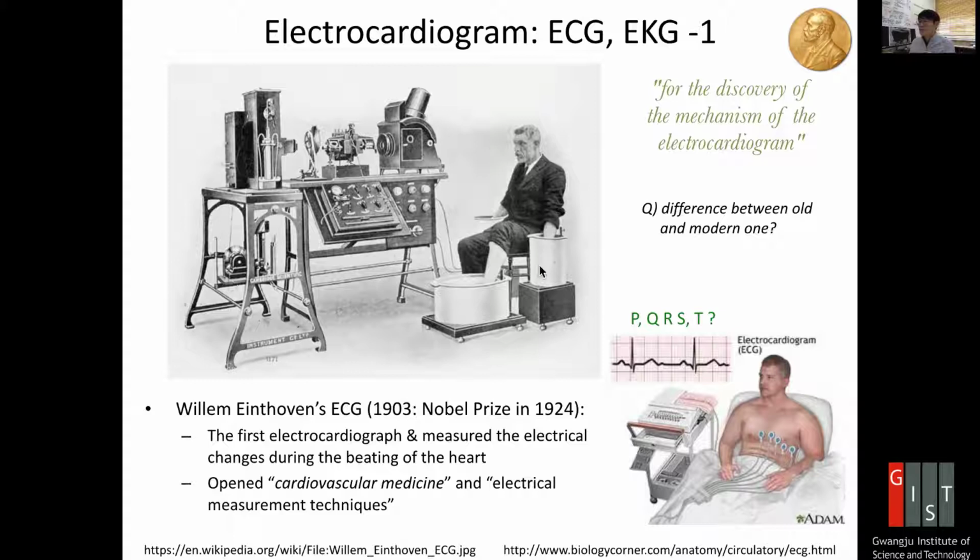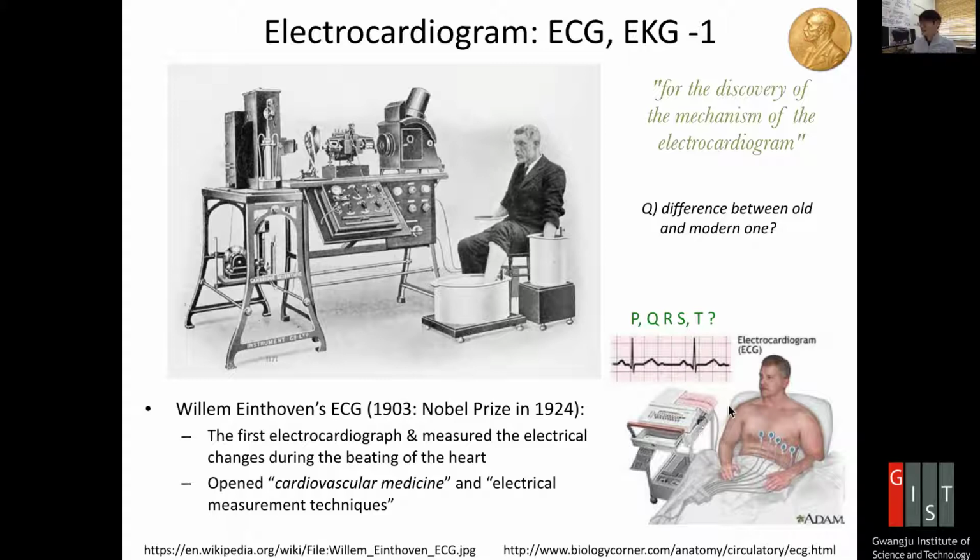Compare this size with a modern ECG machine, which we see when we go to the hospital for a regular checkup: the nurse puts these attachable electrodes on our chest. And we also have electrodes on our limbs, two arms and legs. And that small tiny machine will show this ECG activity. So what's the difference between the old and modern one? I would say in principle, it doesn't change much.